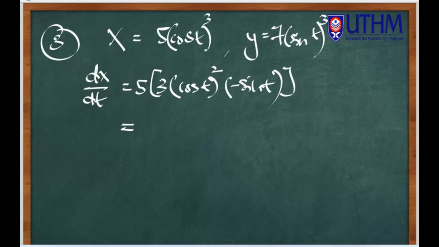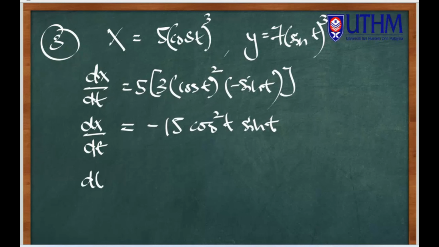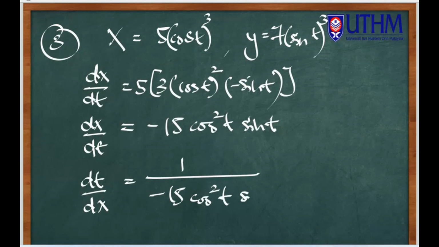Now we just expand and we get negative 15 cos squared t sin t. This is dx/dt. Therefore dt/dx will be 1 over negative 15 cos squared t sin t. Now we have already found dt/dx.